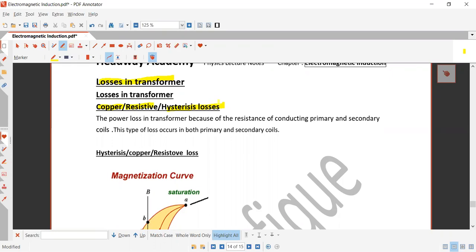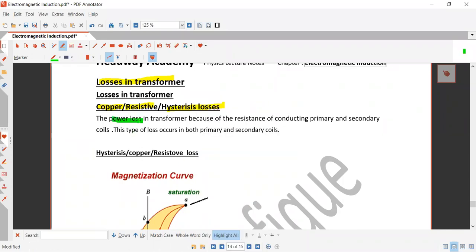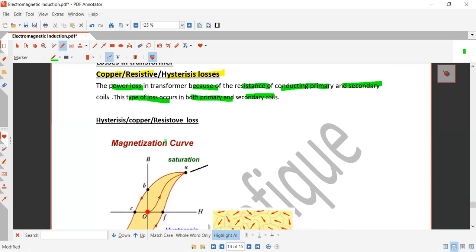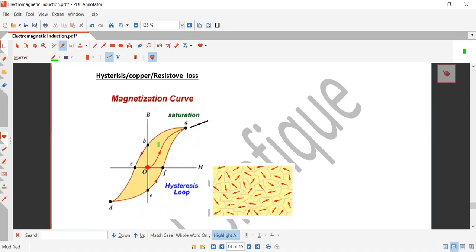Okay, students, so let's talk about it. The power loss in a transformer because of the resistance of the conducting primary and secondary coils. This type of loss occurs in both primary and secondary coils. And we have studied this chapter, students, that the power loss is looking like this. We studied this in the chapter materials, remember?